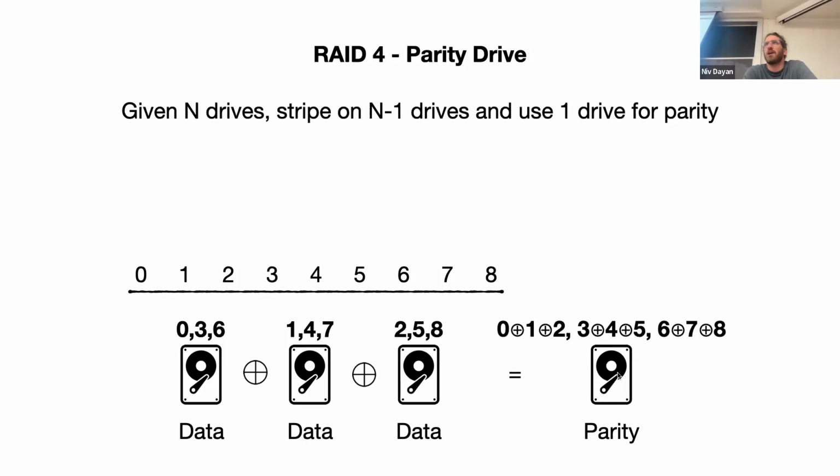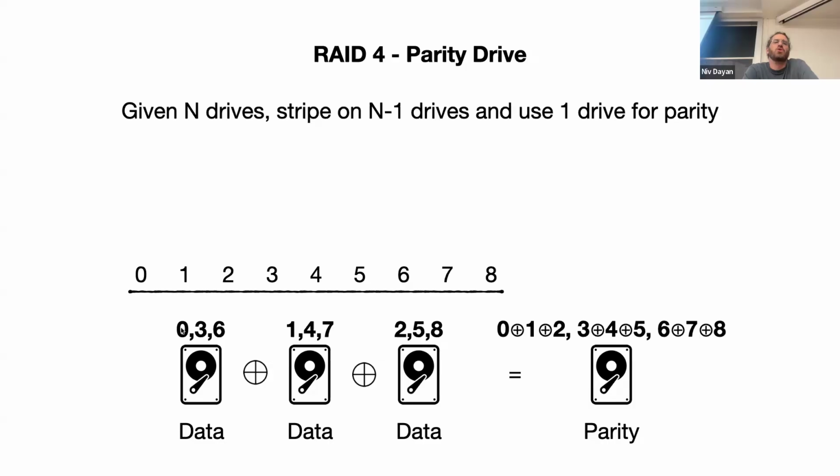This drive just stores parities. We're doing striping because striping is good for performance. It allows us to get fast sequential throughput. So we're striping here across 3 drives, 0, 1, 2, 3, 4, 5, 6, 7, 8, and for each one of them, we're storing the corresponding parity on the parity drive.